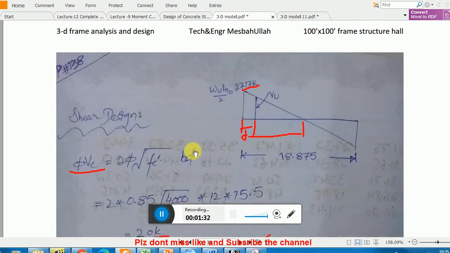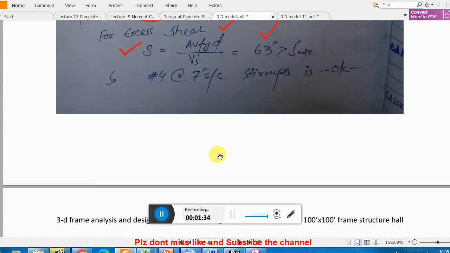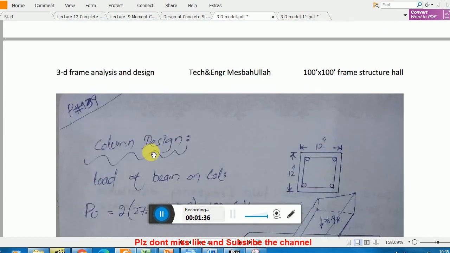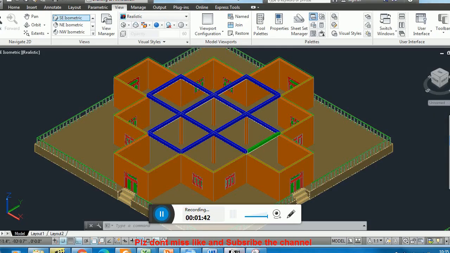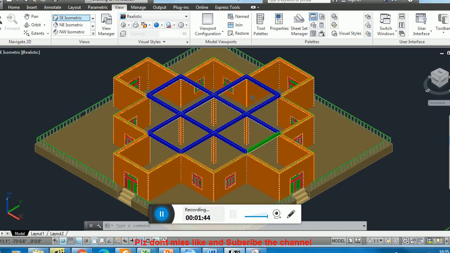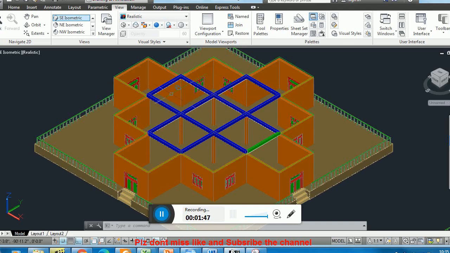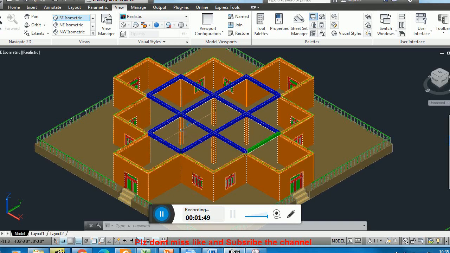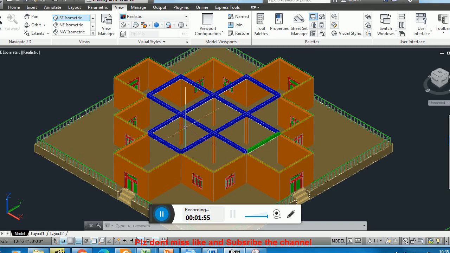Okay, and we also designed the shear reinforcement. Okay, and now we are designing the column. So what we have basically, I will explain. Remember, these are our columns. Okay, you see we have 4 columns, but the good news is that the columns are axially loaded columns, not eccentrically loaded columns.